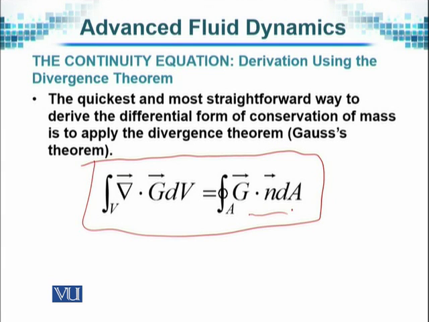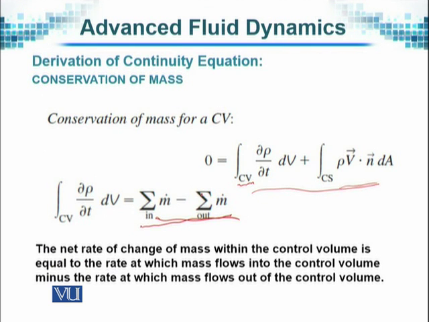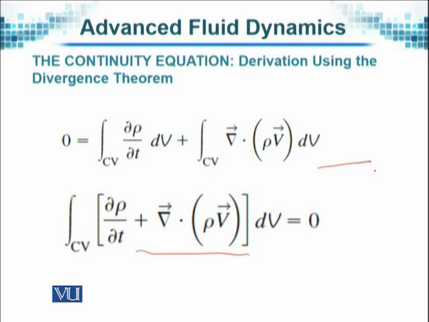So with the help of this theorem, Gauss's theorem, we derive the continuity equation. Using Gauss's divergence theorem, the term on the right hand side can be written as the integral of divergence of rho v into dV, and this V is not velocity, it is the volume.